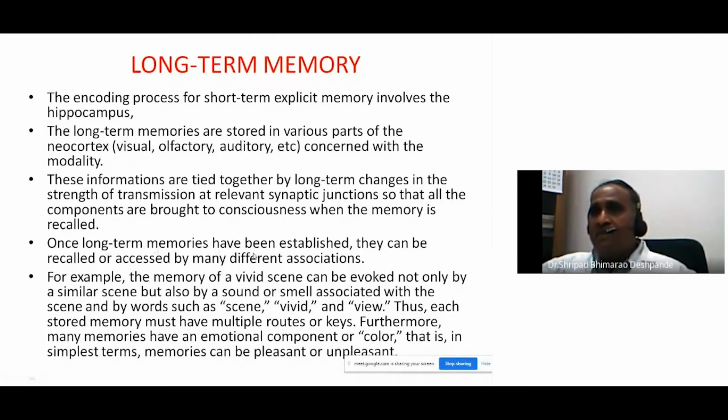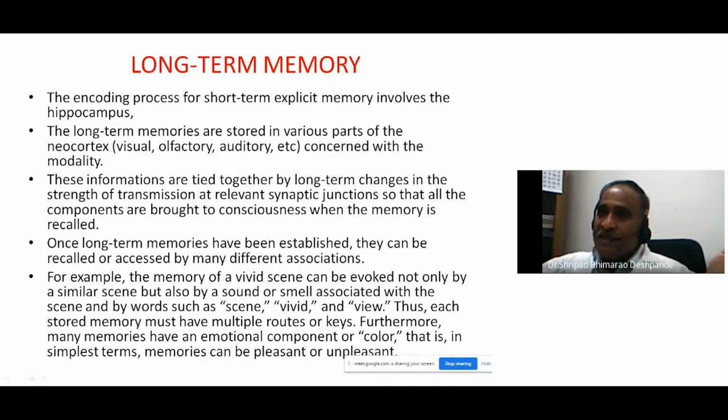Once long-term memories have been established, they can be recalled and accessed by many different associations. I mentioned each memory has 3 or 4 associations. That means somatosensory, visual, auditory, olfactory, or whatever.